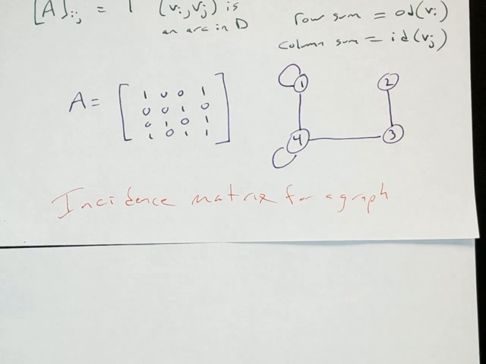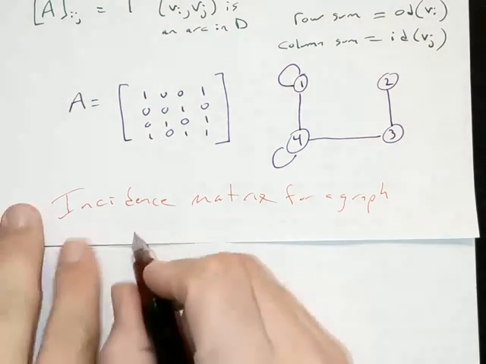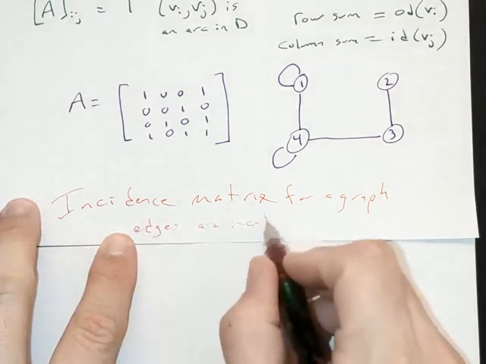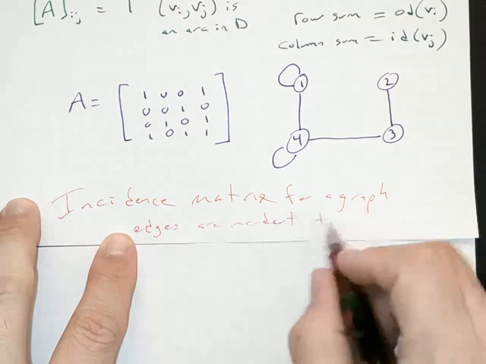Okay, so if I have a graph G of order n and size m. Order is the number of vertices, size is the number of edges.